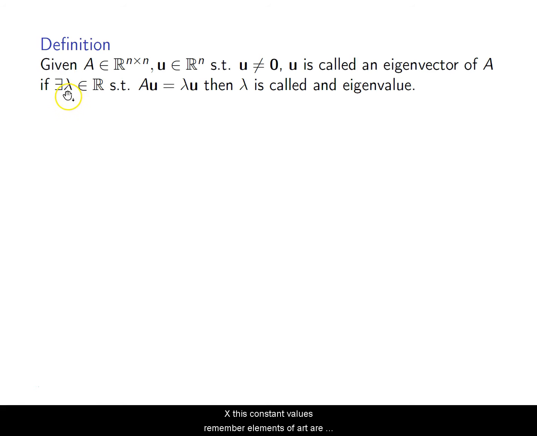Remember, elements of R are constants. Normally we call these a, b, m, n. Here it's lambda. It has a very specific use, so we are calling it lambda.